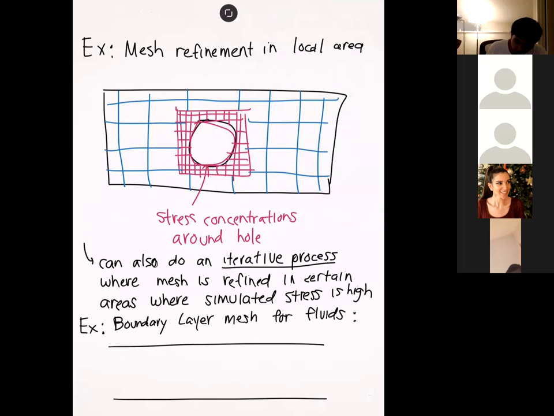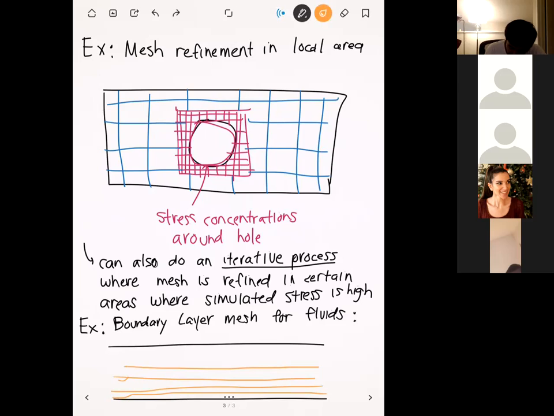Our mesh would look like this, where next to the walls we're going to have a very, very fine mesh, and then that mesh slightly gets more and more coarse as you get to the middle. I'm doing a terrible job of drawing this, but basically the mesh is refined near the walls.